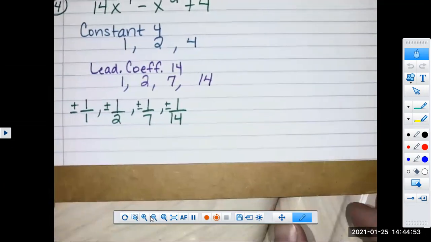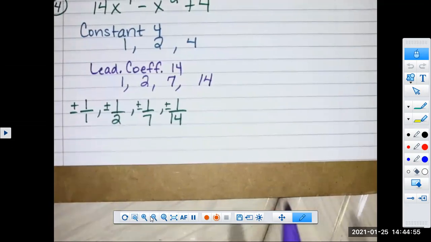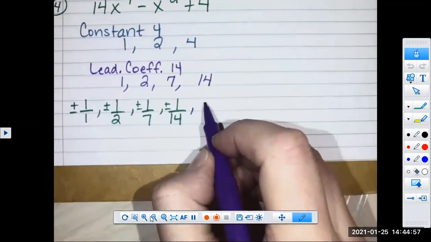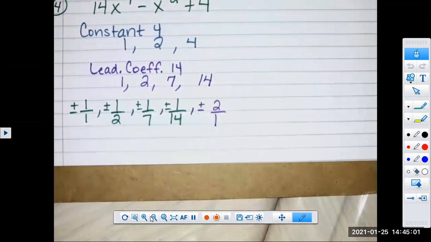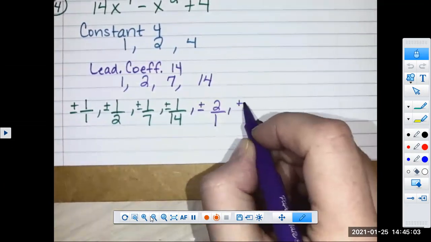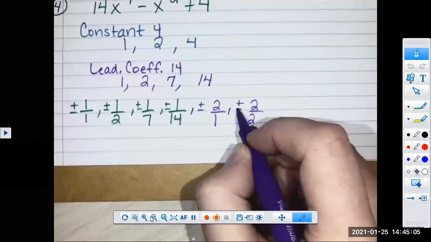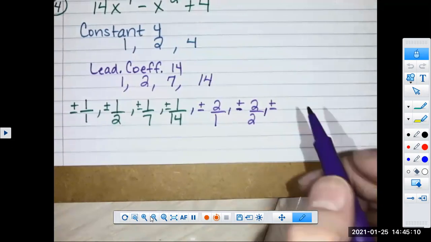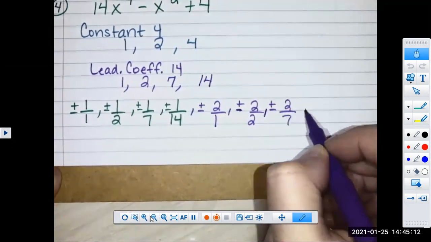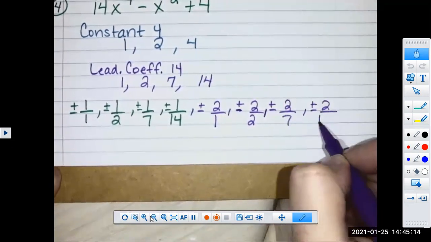You do the same thing with 2. Take 2, set it over 1. Take 2, set it over 2. 2, set it over 7, and set it over 14.